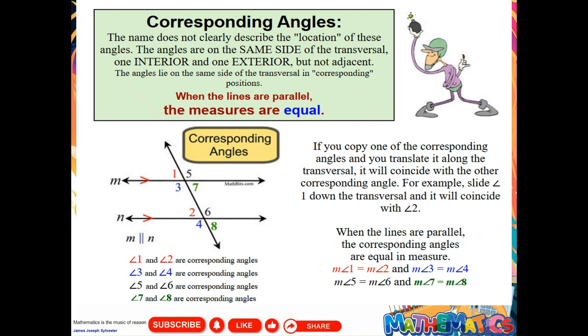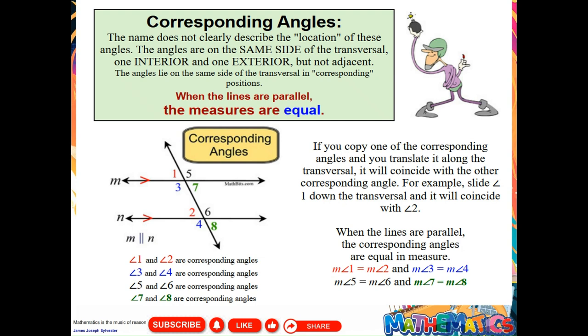One interior and one exterior. This means they are on the same side of the transversal, and make sure there is one interior angle and one exterior angle. Like this. Angle 1 and angle 2 are corresponding angles because these angles are on the same side, one interior and one exterior.